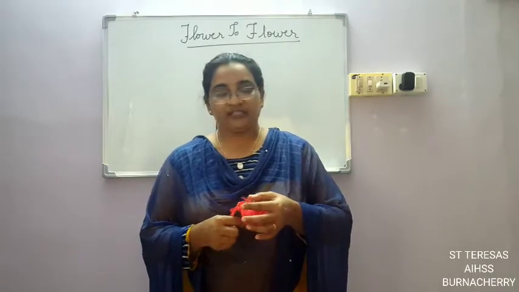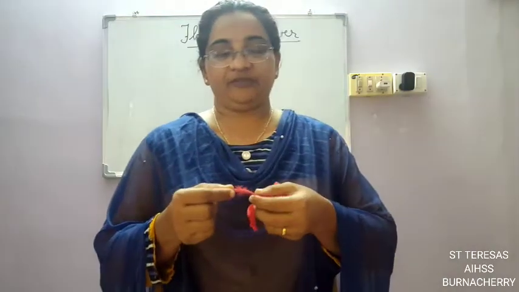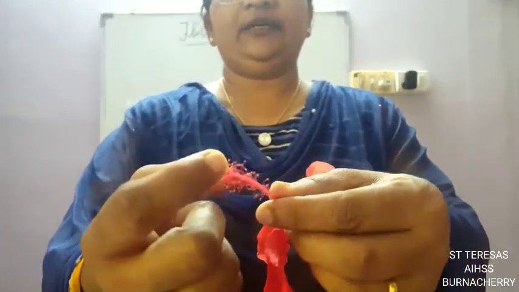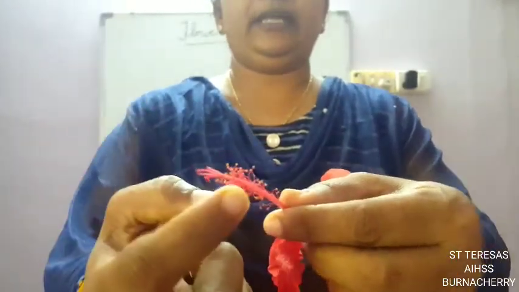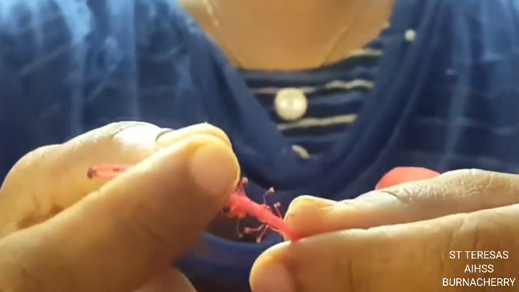So now, as you all know, this is the Androecium. Which is the Androecium? The hair-like portion which you see here is the Androecium. The hair, and on the tip of the hair here you can see yellow color powder, isn't it? So this is the Androecium.